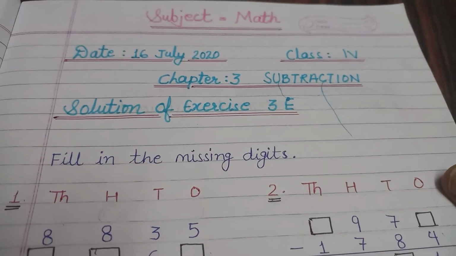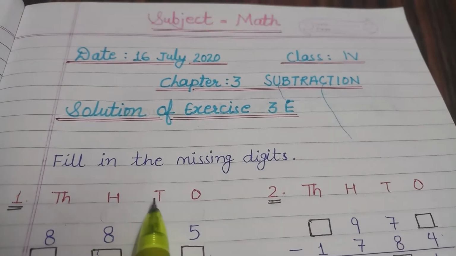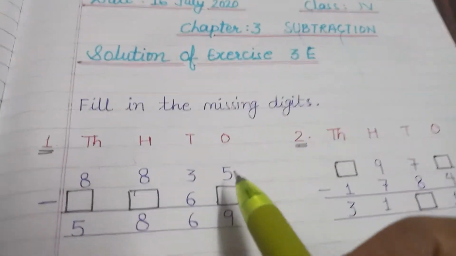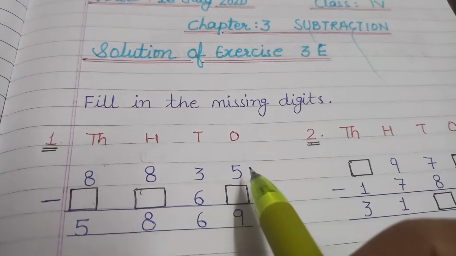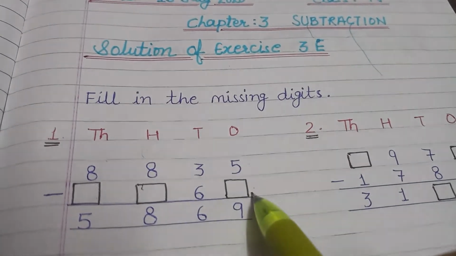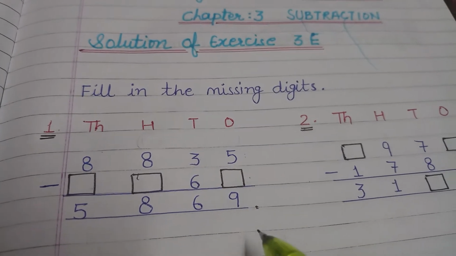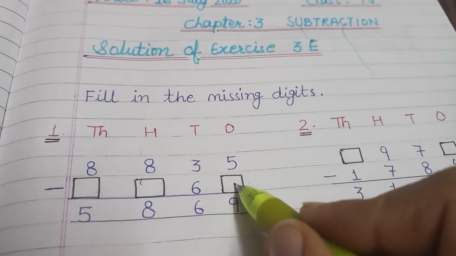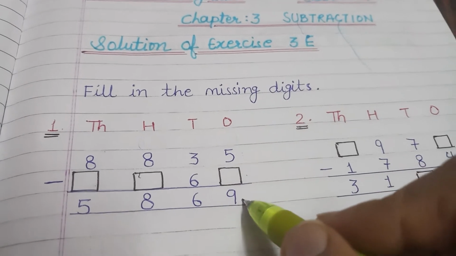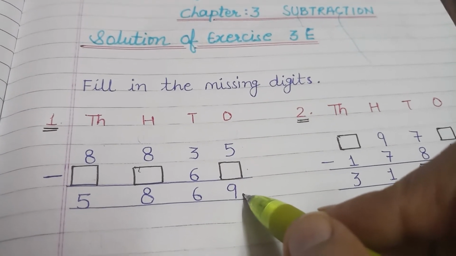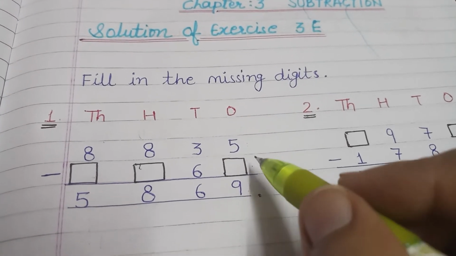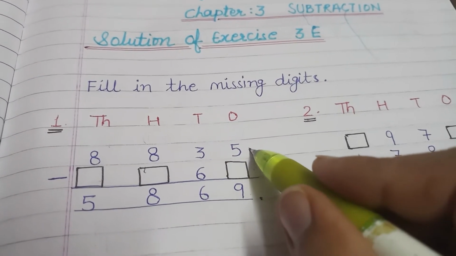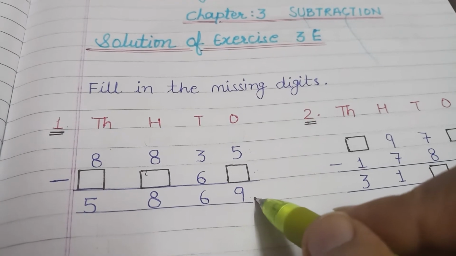Exercise 3E. The question is fill in the missing digits. We are taking the first part. Always when we subtract, we start from the ones. Here we have the minuend, we don't know the subtrahend, and we know the difference. So subtrahend is equal to minuend minus difference.